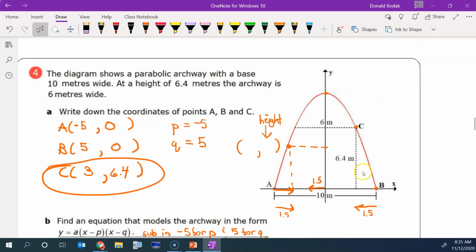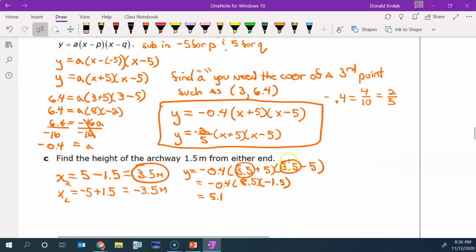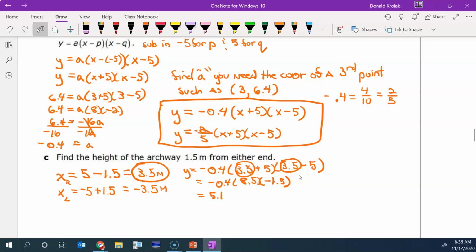So we know that this right here is going to be negative 3.5 and 5.1. This one's going to be positive 3.5. So the height from either end is 5.1.